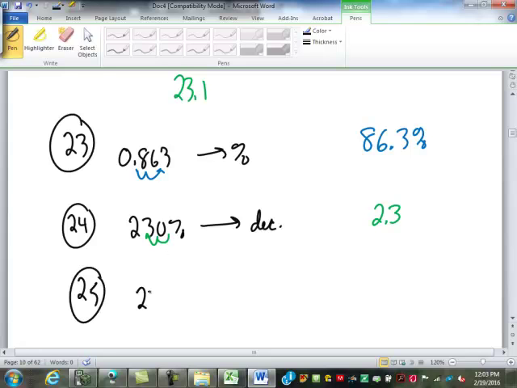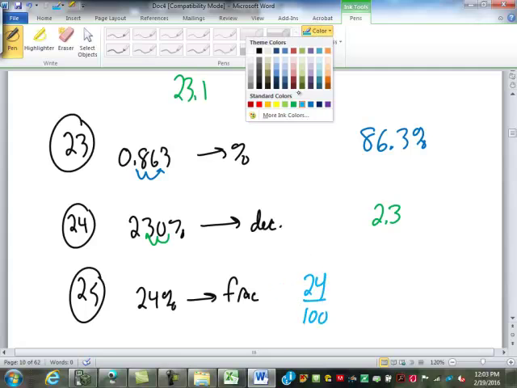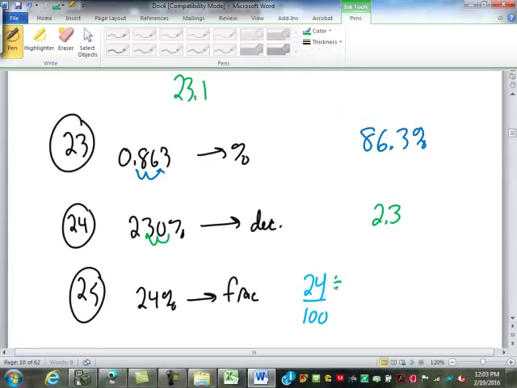25, convert 24% to a fraction. Well, 24% is 24 out of 100. Both of those can be reduced by 4.